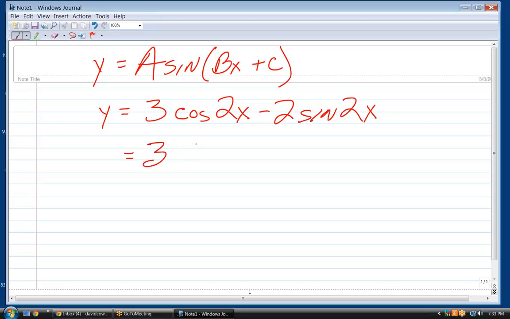What's the identity for the cosine of 2x in terms of sine? There's three identities. One is cosine squared minus sine squared. I believe the identity is 1 minus 2 sine squared.